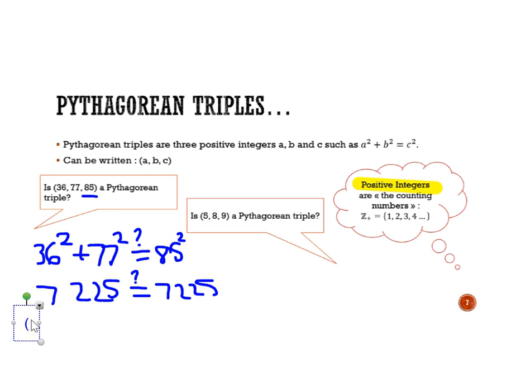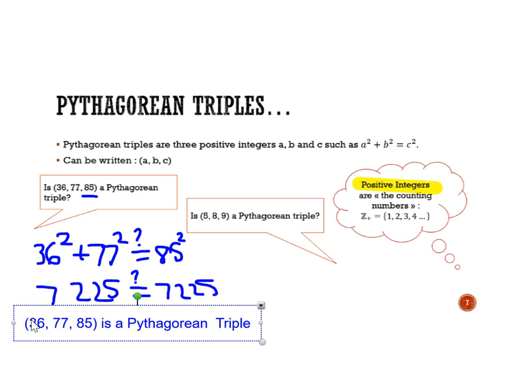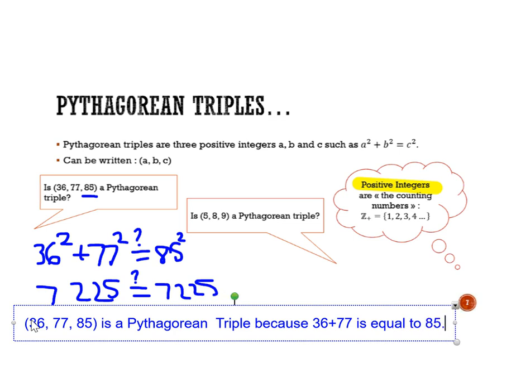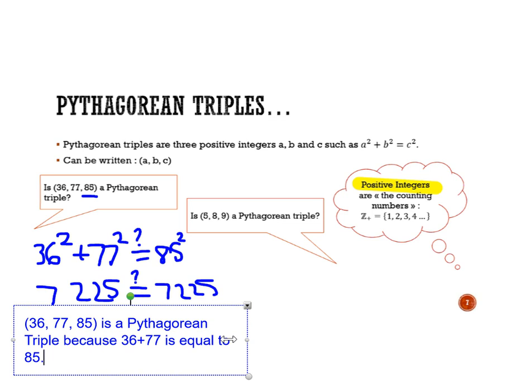So your answer should be, you can write 36, 77, 85 is a Pythagorean triple, because 36 squared plus 77 squared is equal to 85 squared. Hold on, I'm just going to put the square with my pen.